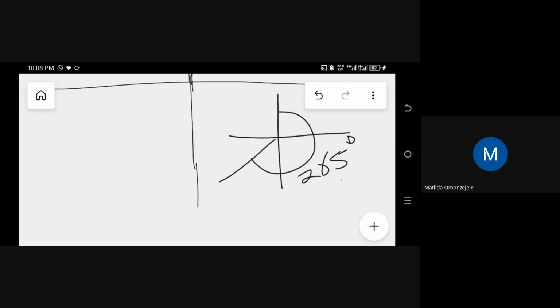So this is kind of confusing. South 5 degrees west. South what? 5 degrees west. South 5 degrees west.